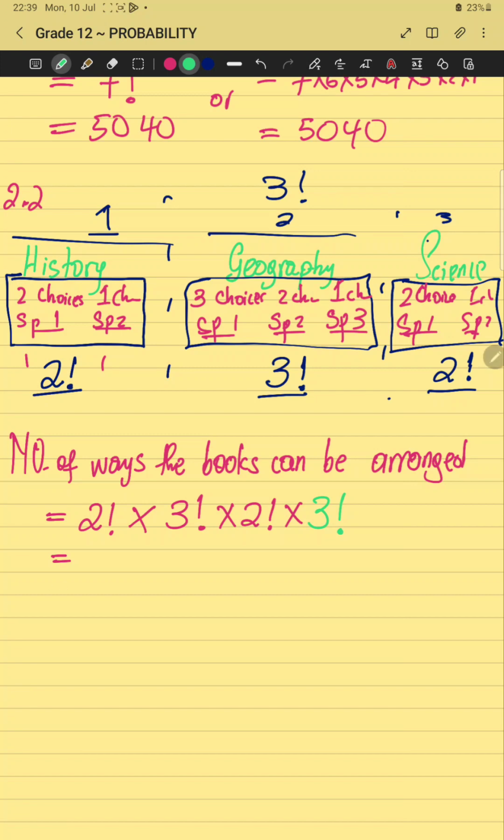Then we work this out on the calculator, and you get the answer, which is 144. Okay, so that was question number 2.